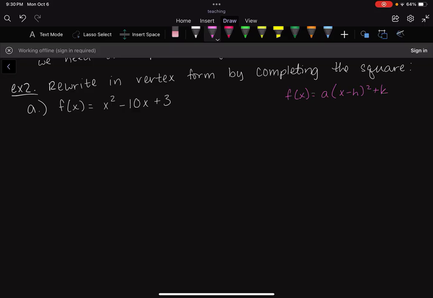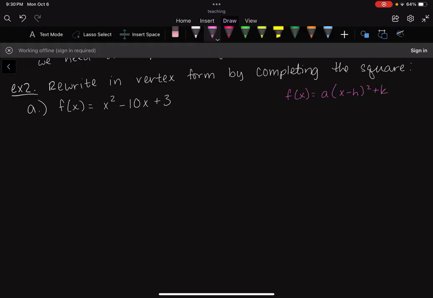Now, whenever you complete the square for this, I am going to do it a little bit differently than how I did it in the past. The only reason is because usually we would have moved that 3 over to the other side. If we do that here, we might get confused and forget to bring it back. You might start solving for x and not actually just rearranging the problem.